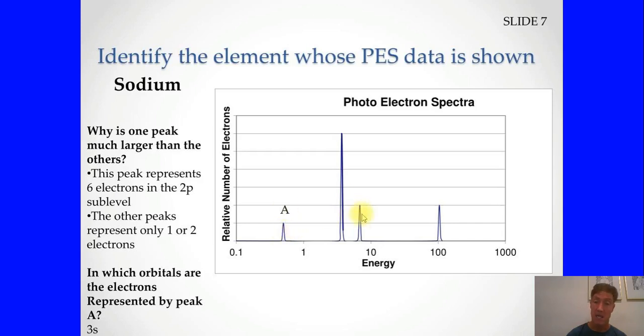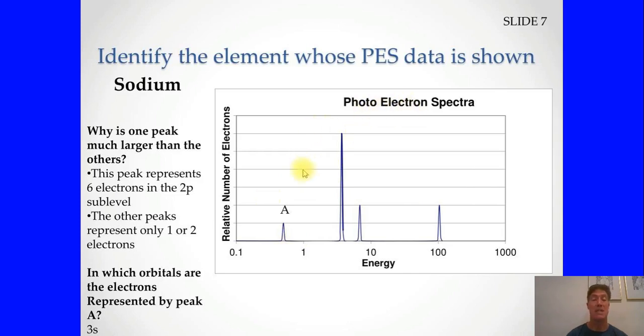The height, it's not 2, it must be a 3p1. So this is indicative of an element that has 3 shells, a 1 shell, a 2 shell, and 1 electron in the 3rd shell. And that, if you look at a periodic table, represents sodium. So this is the sodium photoelectron spectra, the PES.